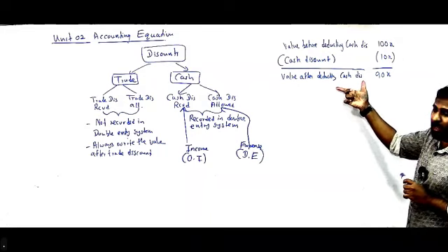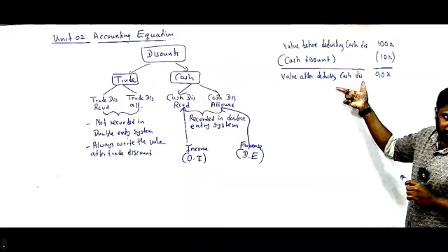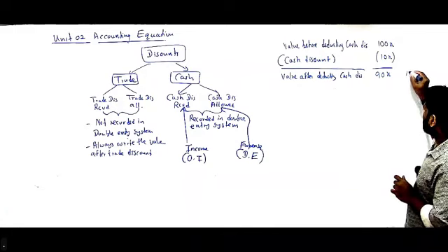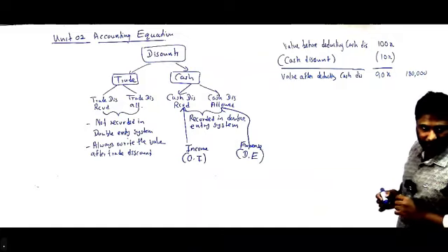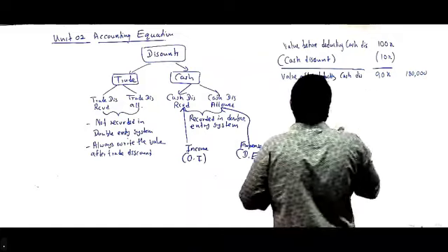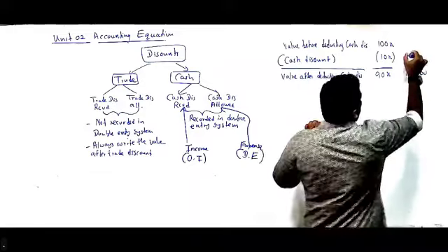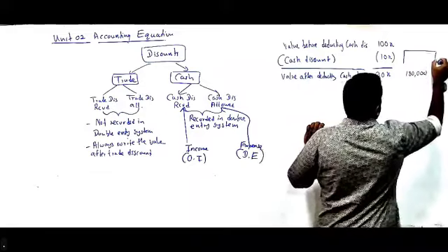Sometimes in your exam, they will give this value as 180,000. If this is the case, how to find the discount amount?